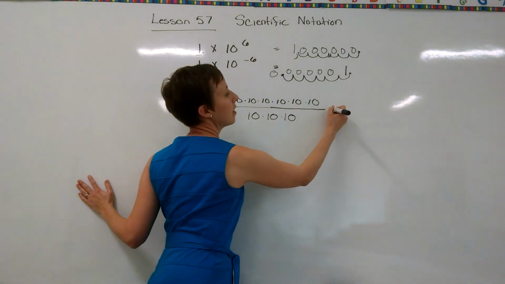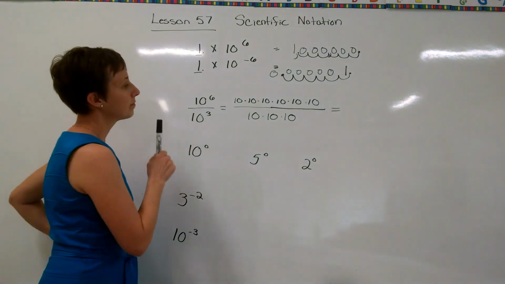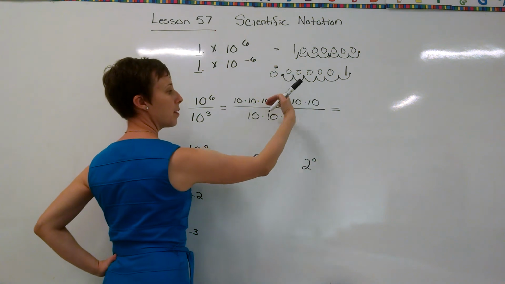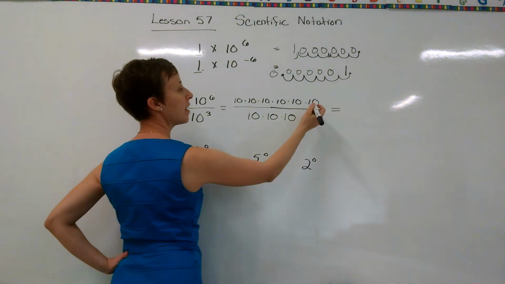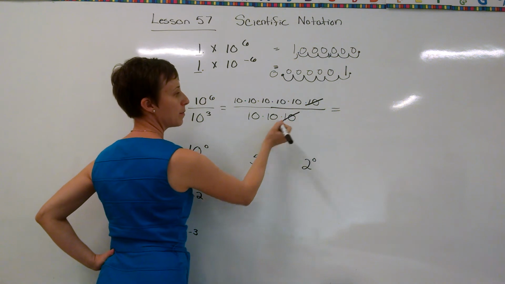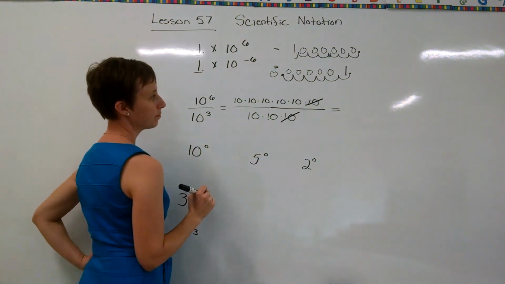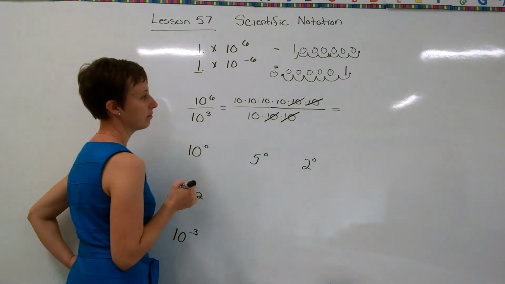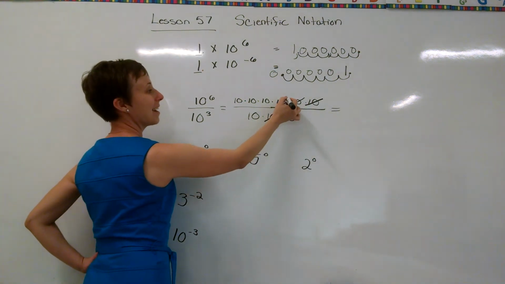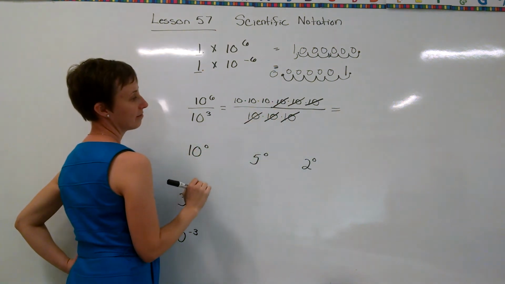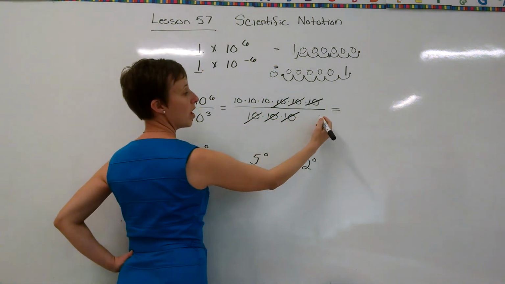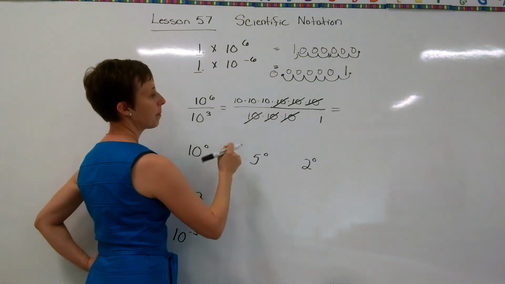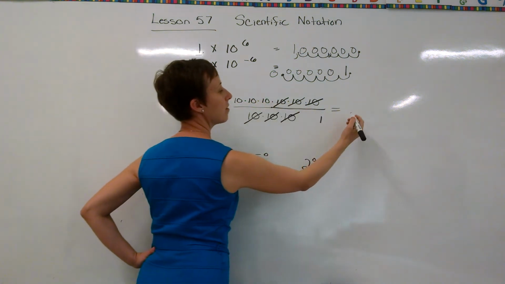Now I want to simplify my problem. I know if I'm multiplying by the same number on the top and the bottom, that I can cancel them out. Times 10 and times 10. I can do that again. I have more 10s. I can cancel out another 10 and another 10. And I can do that once again. I could cancel out this 10 and that 10. Now I'm left with just 1 on the bottom. When you cancel out everything on the bottom, you're not left with 0, you're always left with 1. And I have 10 times 10 times 10.